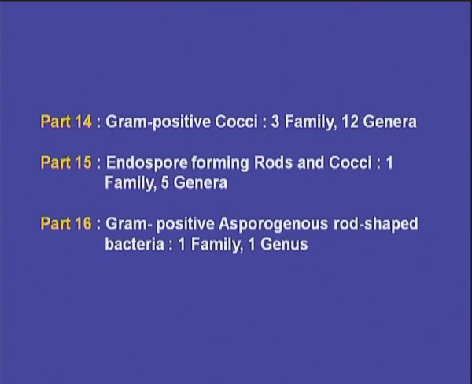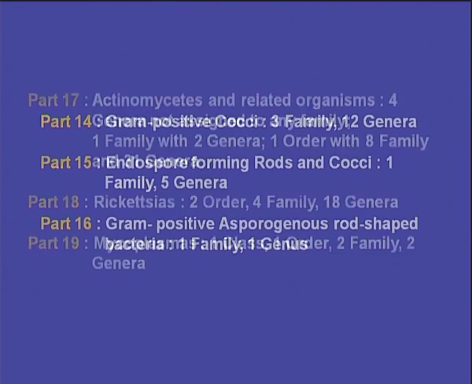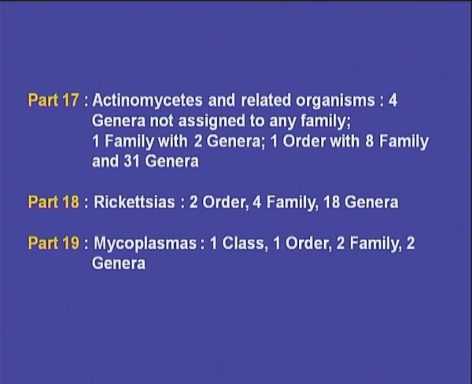Part 14 is of gram positive cocci, 3 families, 12 genera. Part 15 is endospore forming rods and cocci, it is 1 family and 5 genera. And part 16 is gram positive asporogenous rod shaped bacteria, it has 1 family and 1 genus. Part 17 is of actinomycetes and related organisms.